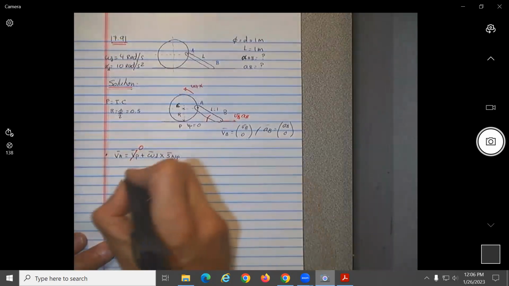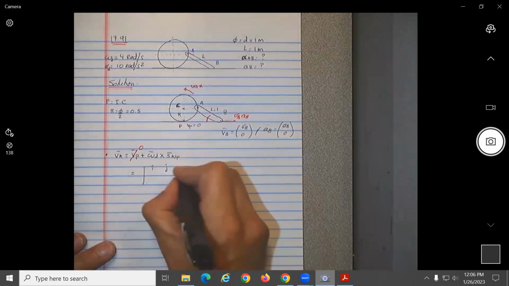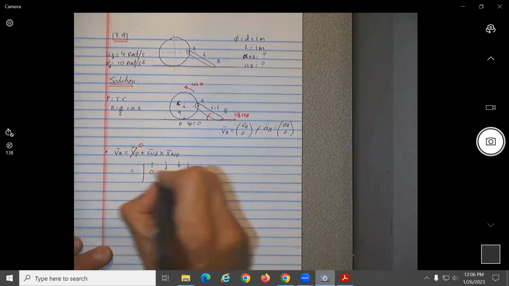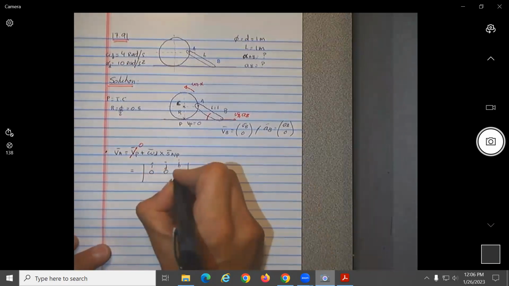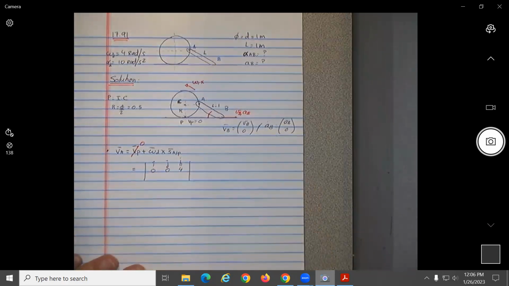0. So we can write here equal to i j k of 0, 0. What is omega D? 4 radians per second.